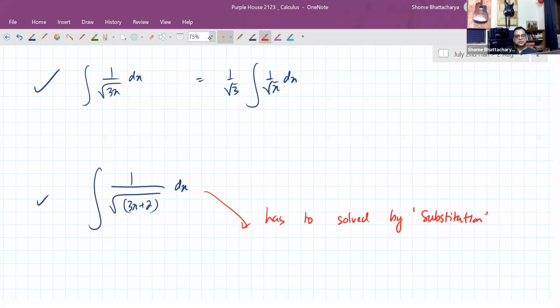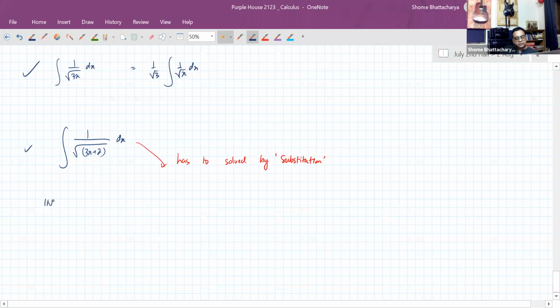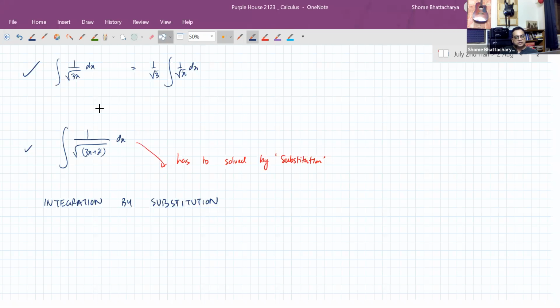Let's discuss what this substitution is. There are 2 types of substitutions that we will learn. The first is extremely simple, because in the first one we substitute a linear term as a dummy variable.